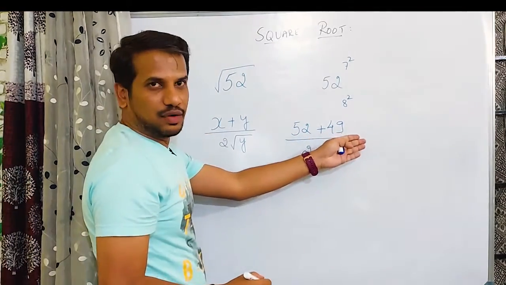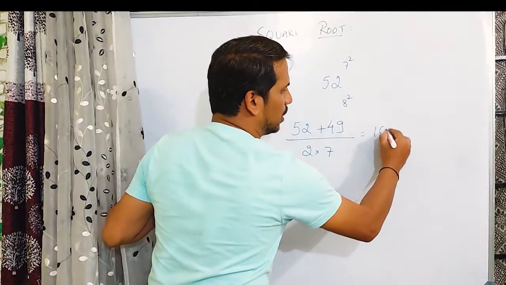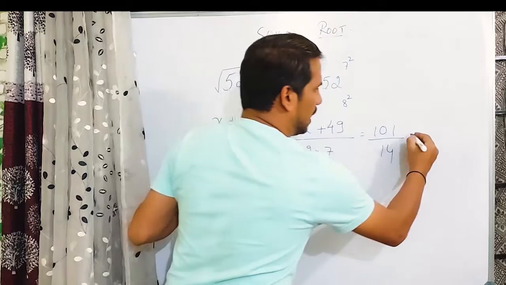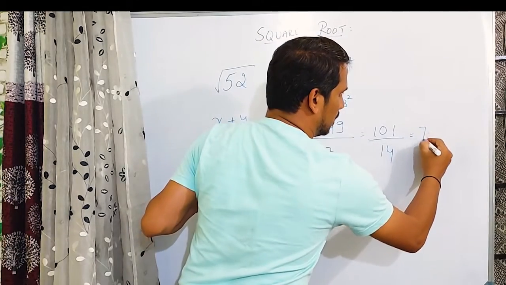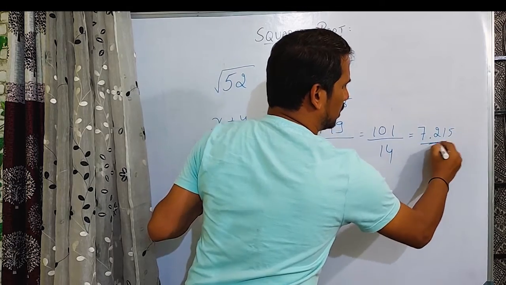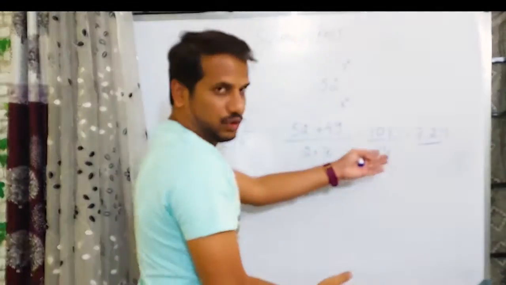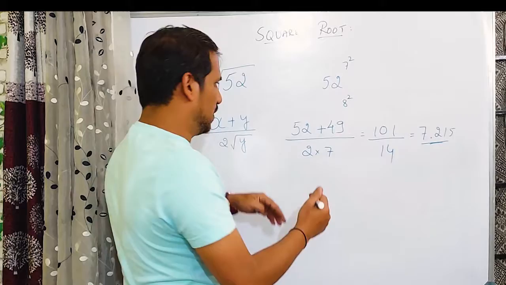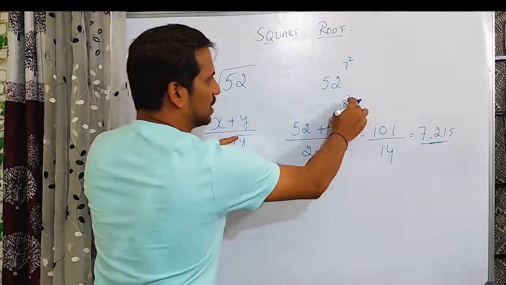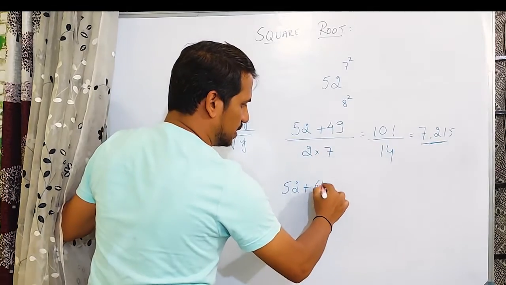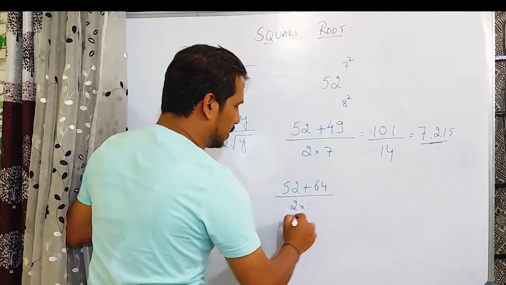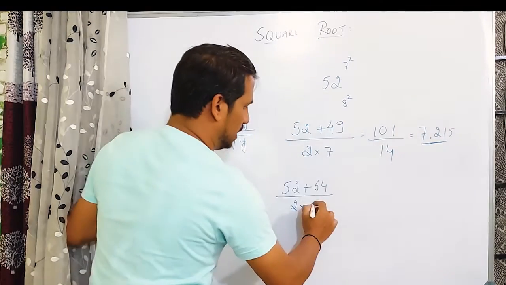So 52 plus 49 is 101 divided by 14. So this comes out to be around approximately 7.215 when you divide it. Now let's take the second way, where we consider 52 plus, let's consider the highest number, 8 square, that is 64, divided by 2 into square root of y, that is 8.